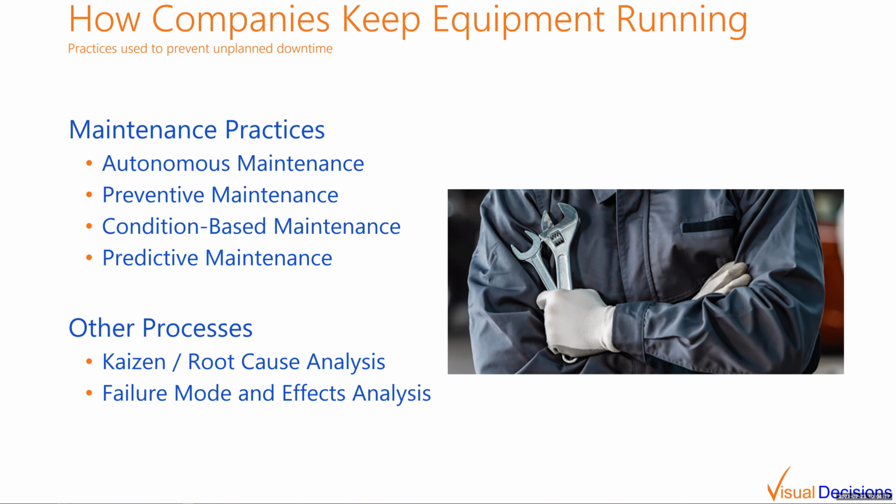So some of the maintenance practices that we'll look at are autonomous maintenance, preventive maintenance, condition-based, and predictive maintenance. And some of the other things that companies do to impact the mean time between failure and how effective the equipment is running and so forth are Kaizen and root cause analysis within those improvement events, and then failure mode and effects analysis.